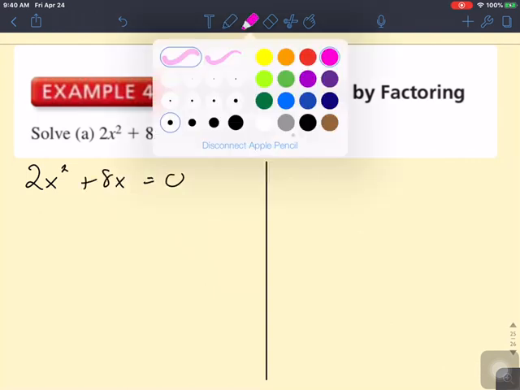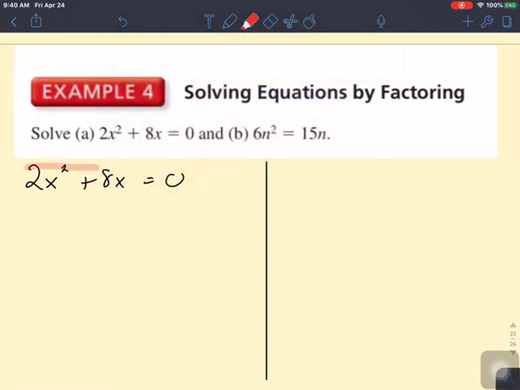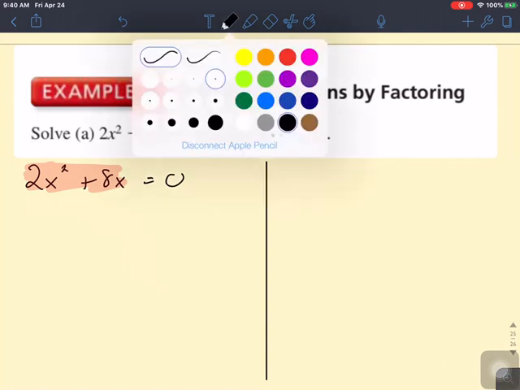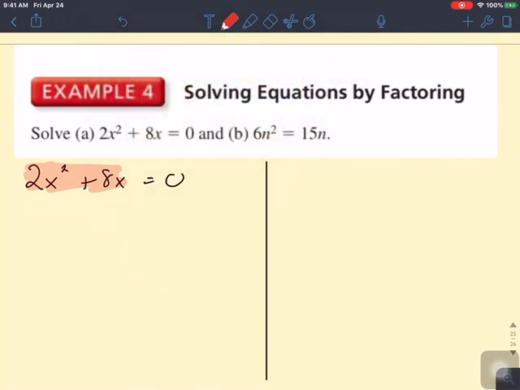And what we're going to do is focus on this portion right here. We're going to factor 2x squared plus 8x. We're going to see what they both have in common. And like I said before, this is like reverse engineering, or basically the inverse of the distributive property.